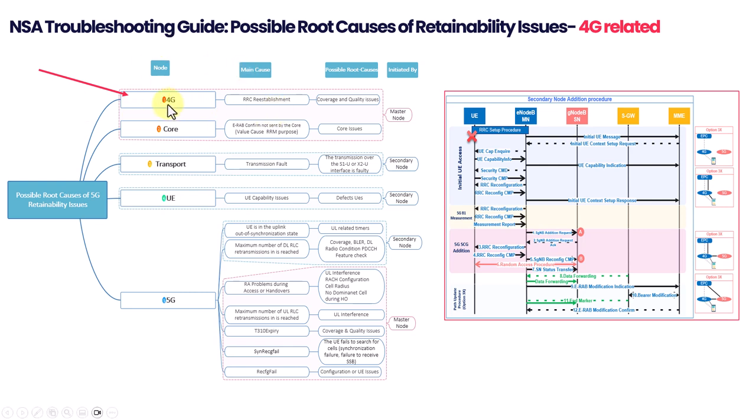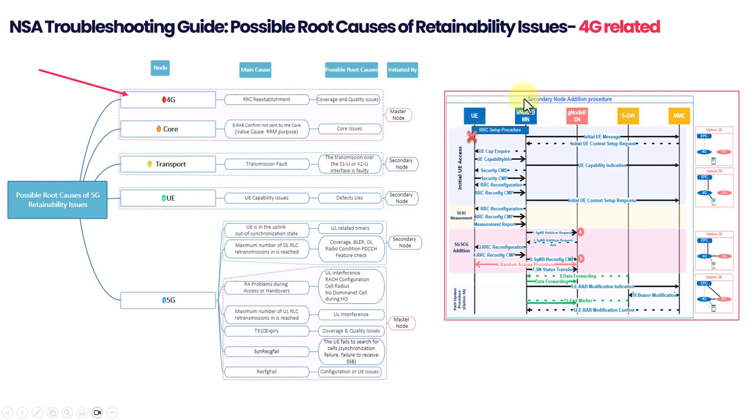So if you have any problem in your 4G network, for example the 4G having a reestablishment for the RRC, and this reestablishment failed, this will lead to a drop. In this case, who will initiate this? The 4G already has the reestablishment from the UE. So the master node B will initiate the release and send the SgNB release request to release the secondary node, because there is already a connection loss between the UE and the 4G node.